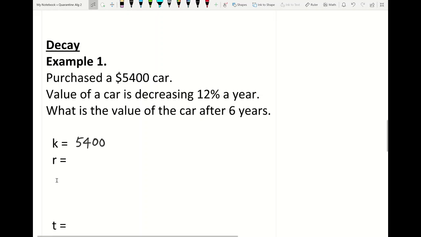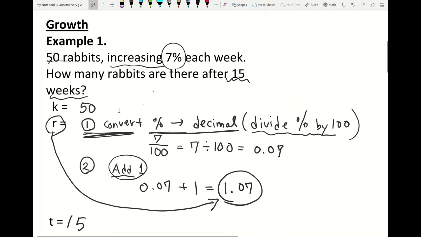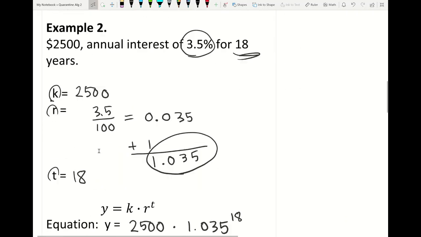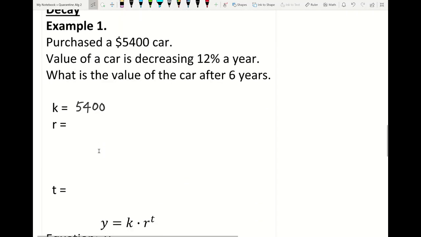Next, we need to identify what R is. Now, to find R, before we did two things. We first converted from percent to decimal by dividing by 100. And then we added 1. Now we're going to do very similar things. To find R, the first step is still the same.